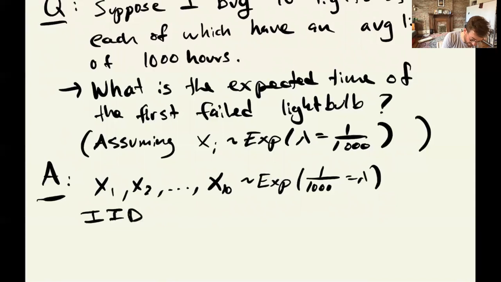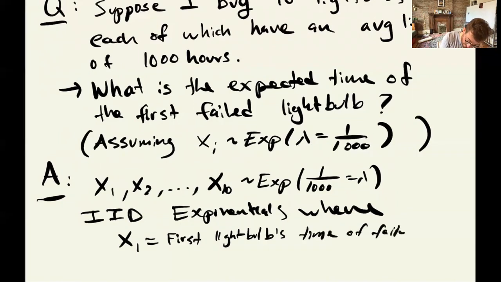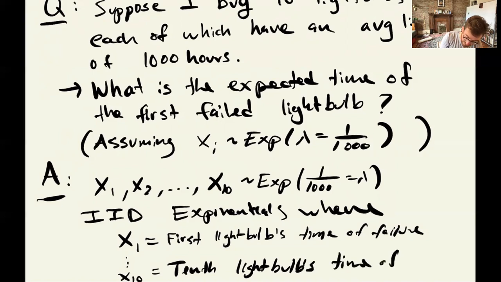They are IID exponentials, where x1 is the first light bulb's lifetime, or time of failure, on down through x10, which is the 10th light bulb's time of failure.